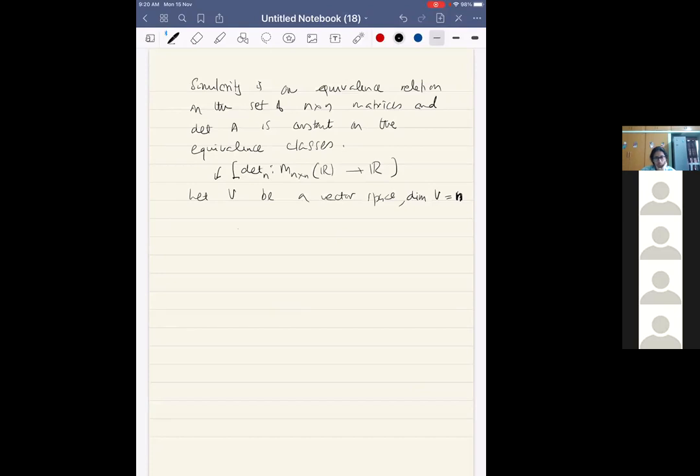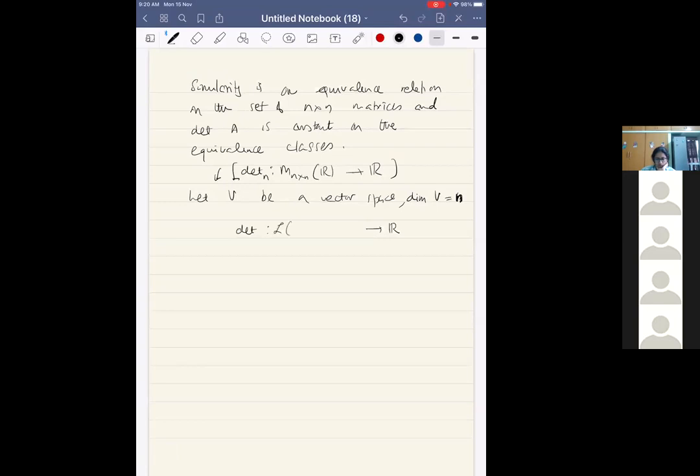Okay. So now, det will be a function from somewhere to somewhere. What should come here? Well, I've already told you: from the space of linear maps from V to V. Now there are several notations that you can have for this.